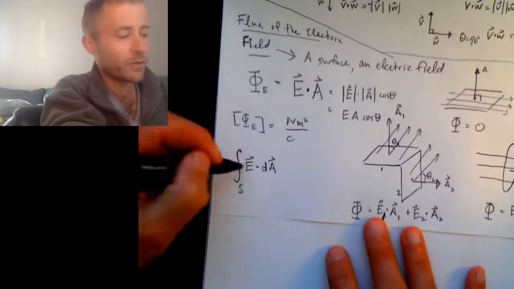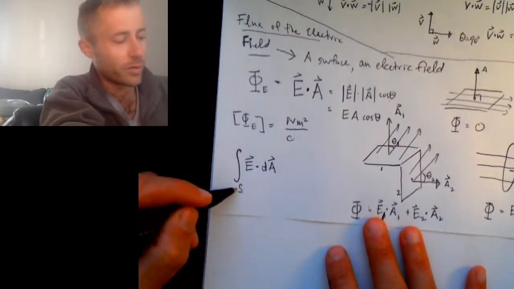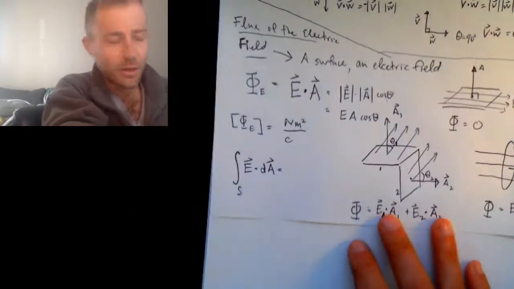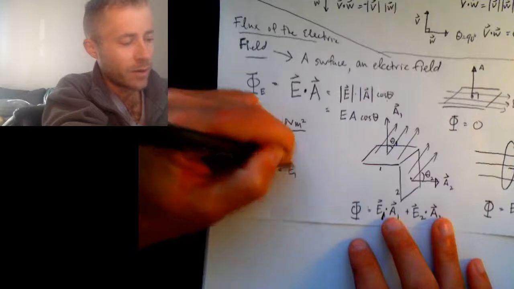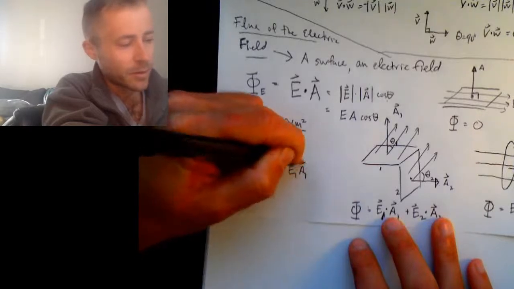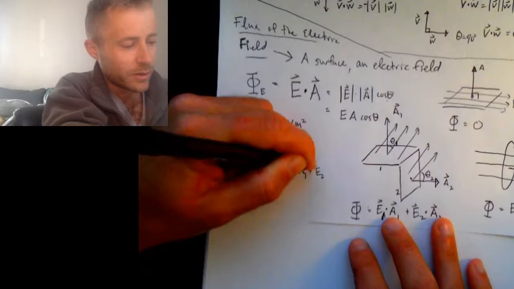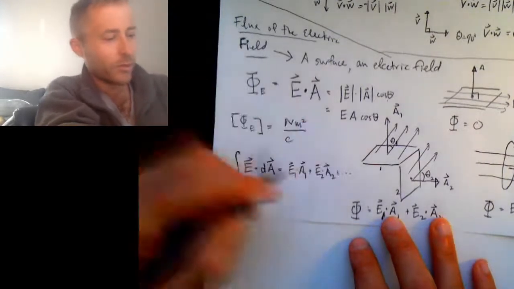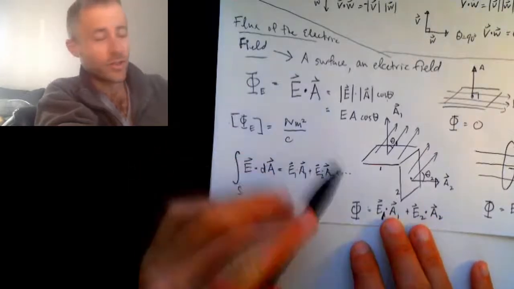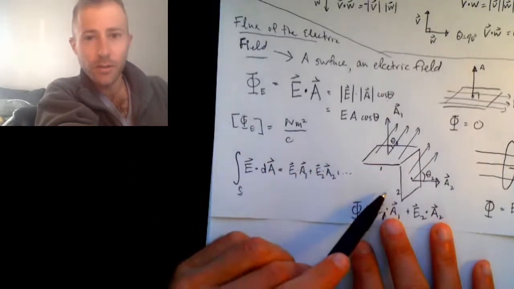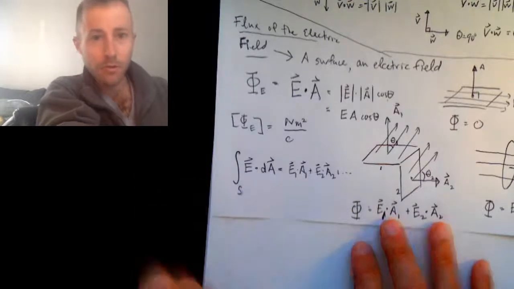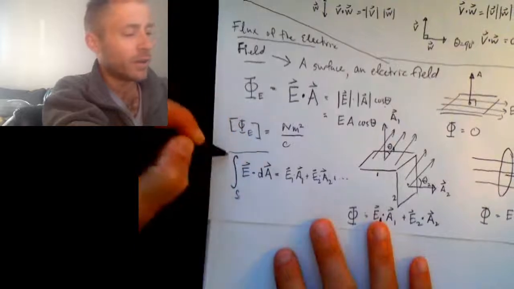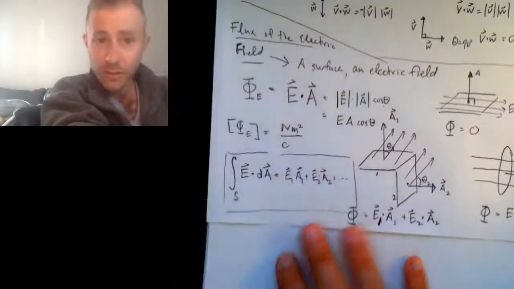So this is the flux of the electric field through a particular surface S, and all this means is E1 dot A1 plus E2 dot A2 plus dot dot dot, where we are summing over all of the different subsurfaces of the total surface. And this is the definition of flux in general.